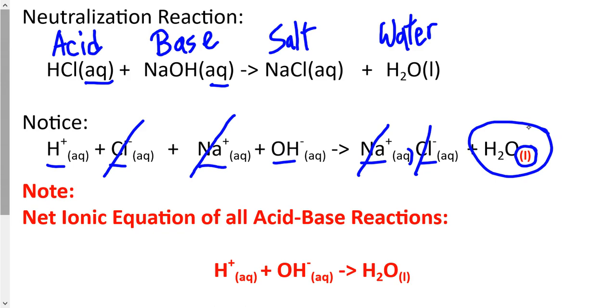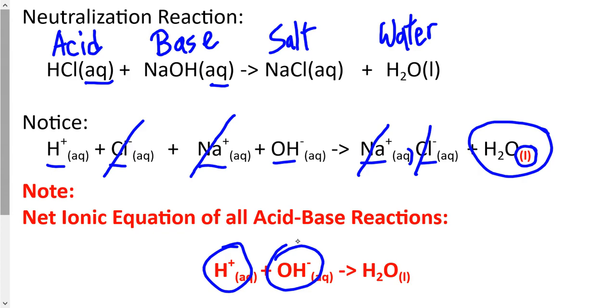So the net ionic equation of all acid-base reaction, neutralization reaction, is you will have hydronium ion, H3O plus or just H plus, from all the acids. So this part will come from the acids. Acids are proton donors. And then you will have hydroxide ion from the bases.